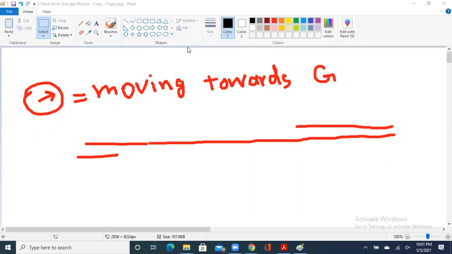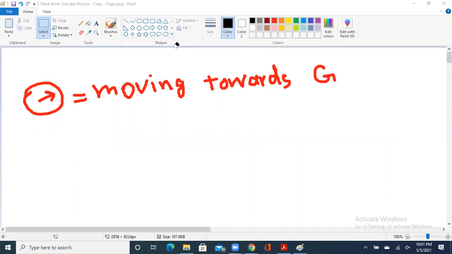But if it is moving away from the galvanometer, sorry, from the circuit or from the coil, then what will happen? The needle will have another direction.